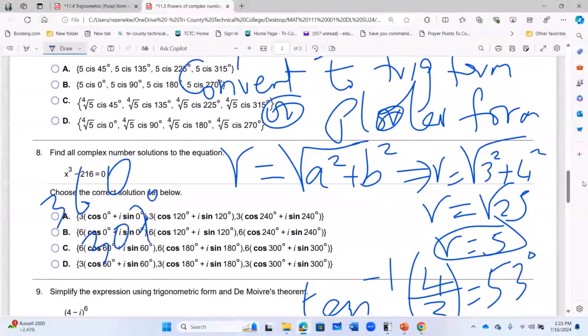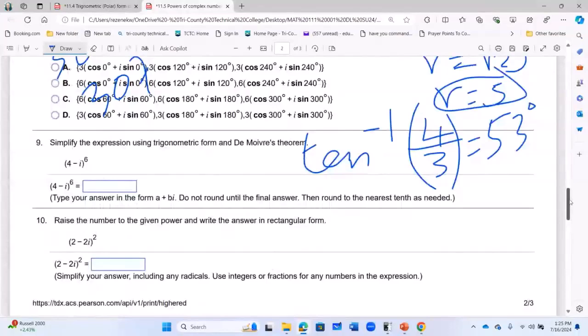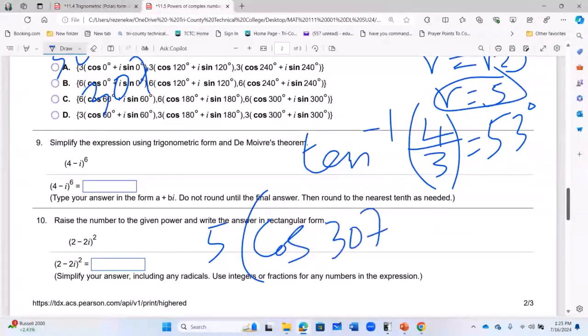Okay, so quickly I am going to write this in. 5 is R, I can put parentheses, cosine of 307. Cosine is positive in the fourth quadrant. Then I'm going to put negative here. Why? Because sine is negative in the fourth quadrant. So negative sine of 307.